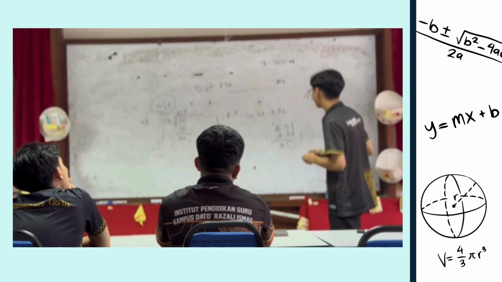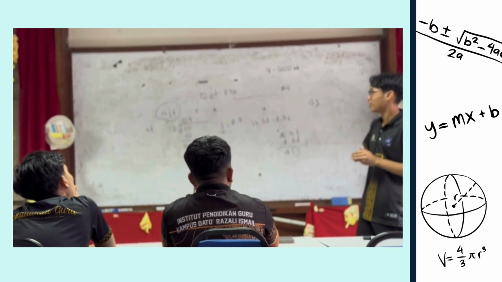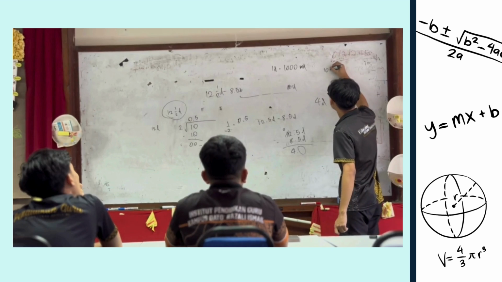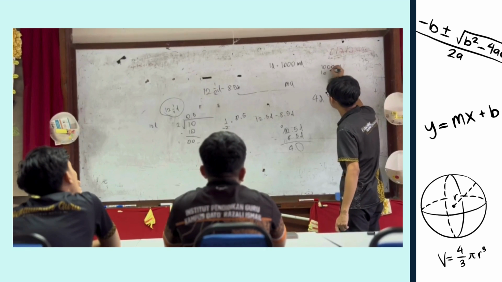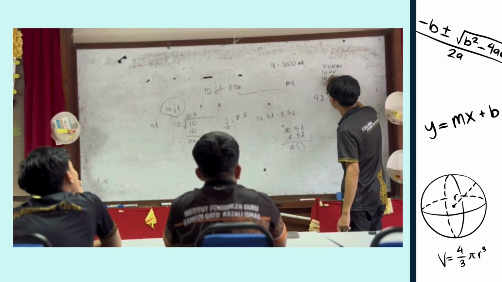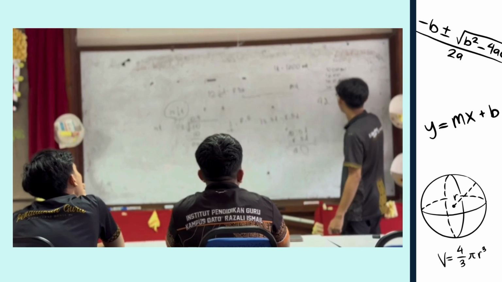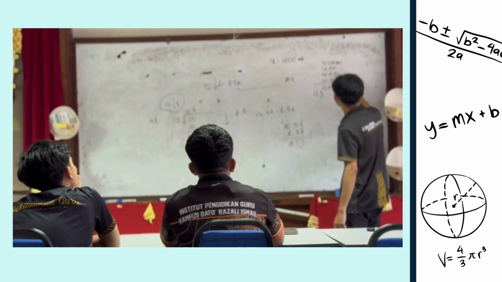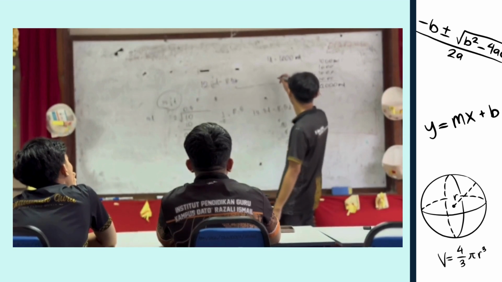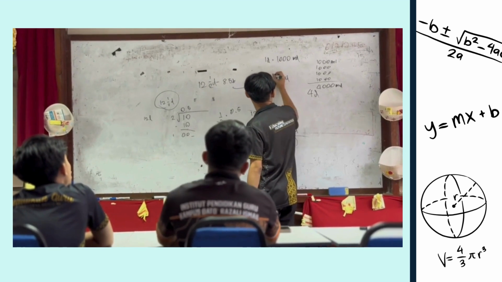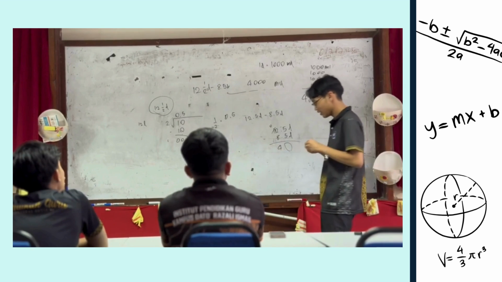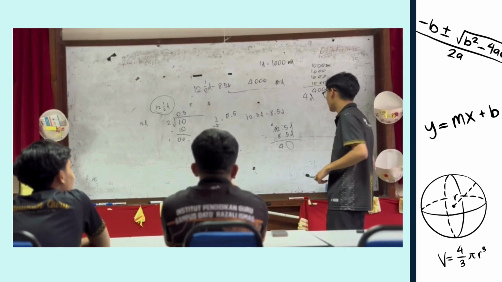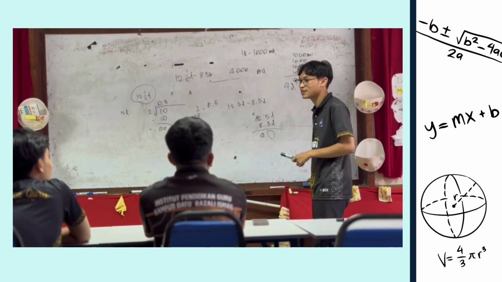As you know, multiplication is repeated addition. So 1,000, 4 times. How much? 4,000 milliliter. So the answer is 4,000 milliliter. You get it? Okay, now I will give you some problem solving questions.